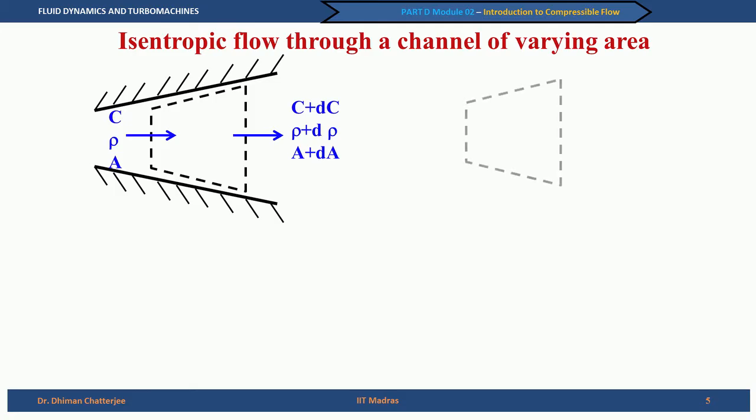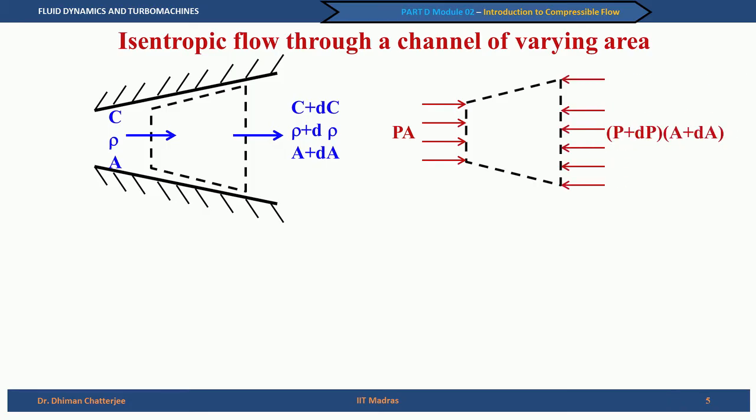If I take this control volume out and try to find the force: the flow direction is from left to right, my positive x direction, and the force acting on the left area is P times A. On the right, the force acting is P plus dP times A plus dA.